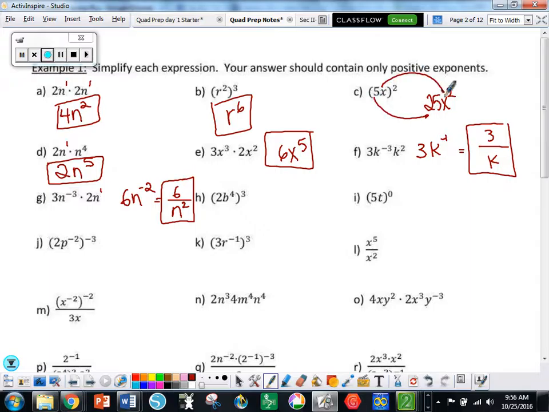What happens between the x and the x squared? Coming back here, I have to cube the 2, I have to cube the b to the 4th. So what's my first number out here? 2 cubed is 8. B to the power raised to a power, what do you do? Multiply, the b to the 12.